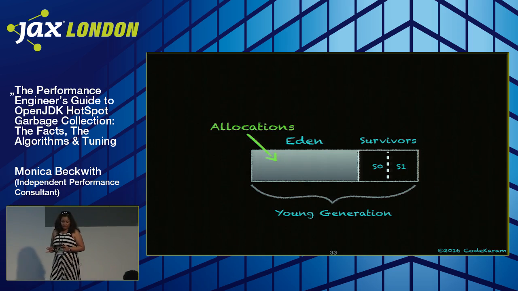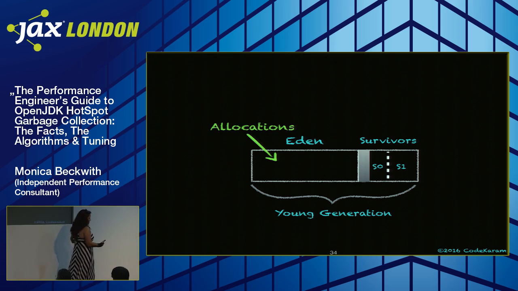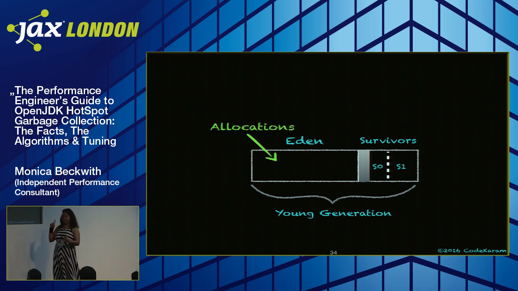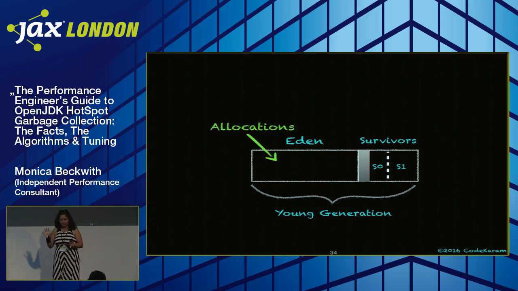Now that you have finished your allocation, your Eden is full, and then you can reclaim the Eden area. We had this bigger Eden, and the live data was only a small sliver of that bigger Eden space. So all that live data is moved into the survivor spaces and then back and forth, and that's how they age these objects.